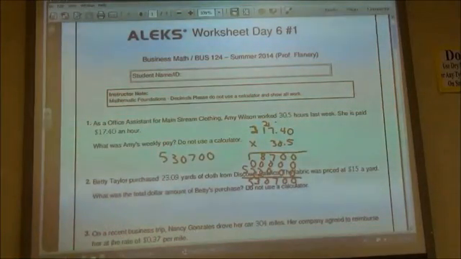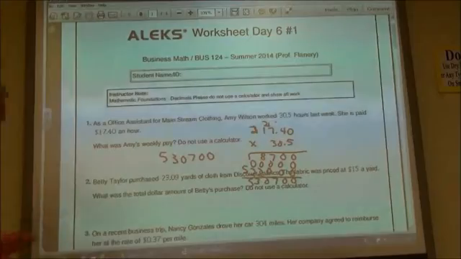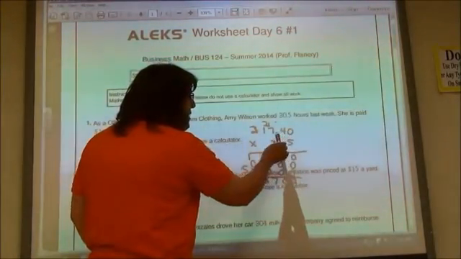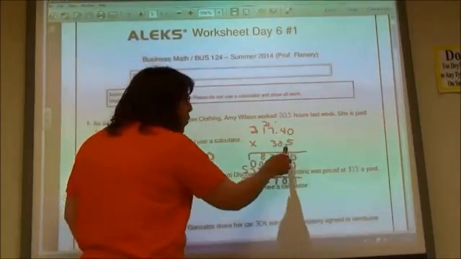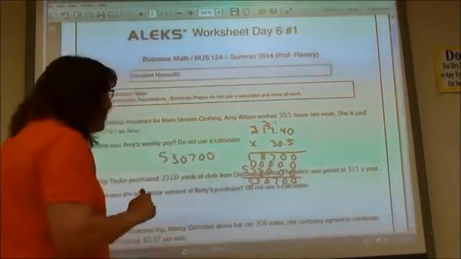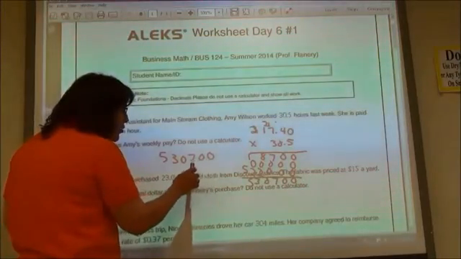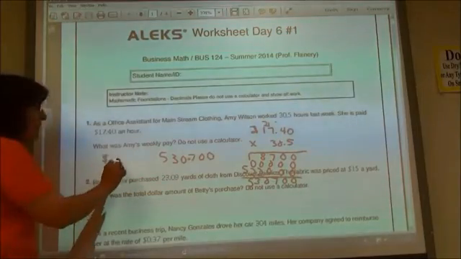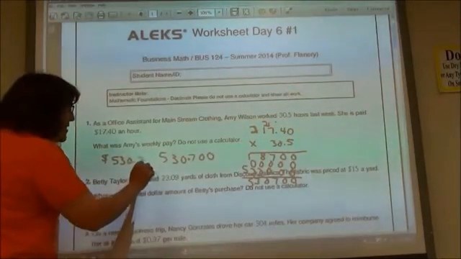Then we figure out where our decimal goes. To figure out where our decimal goes, we go from the end of the number. It's 2 places from the end on this one and 1 place from the end on that one. So 2 plus 1 would be 3 places from the end. 1, 2, 3. Since we're talking about money, that would be $530.70.